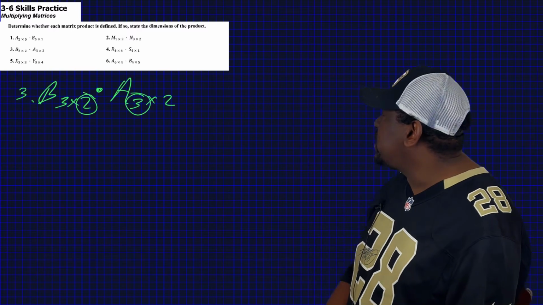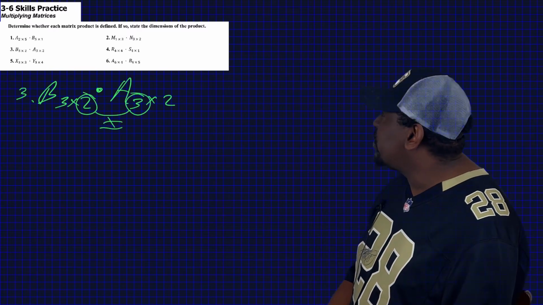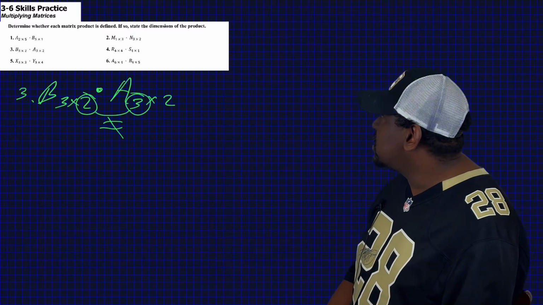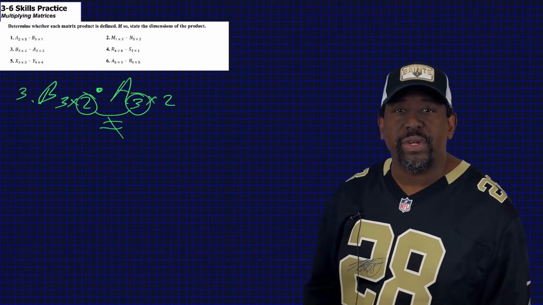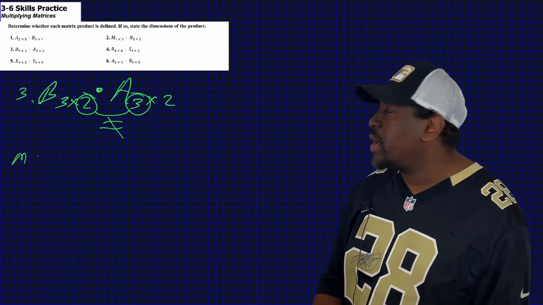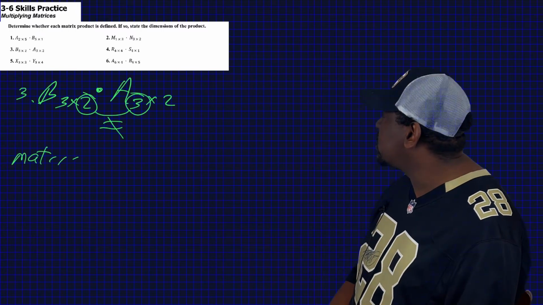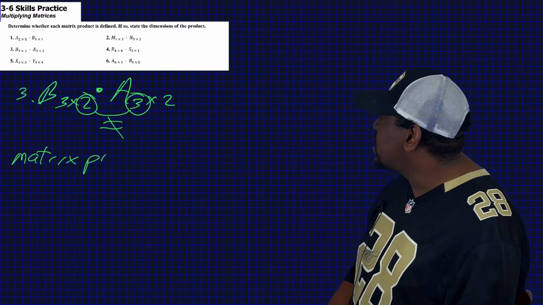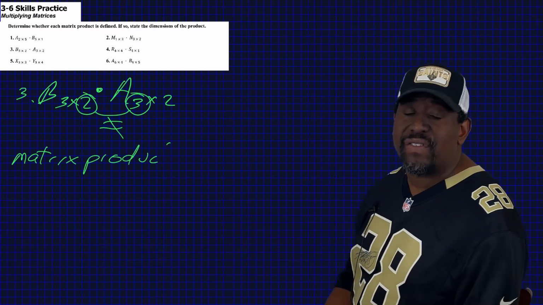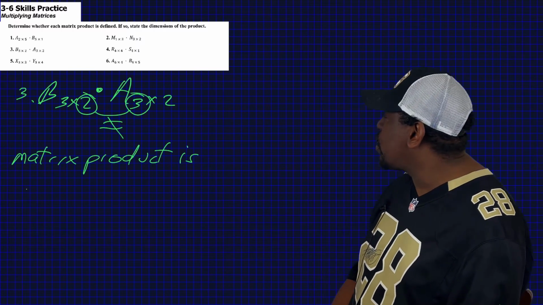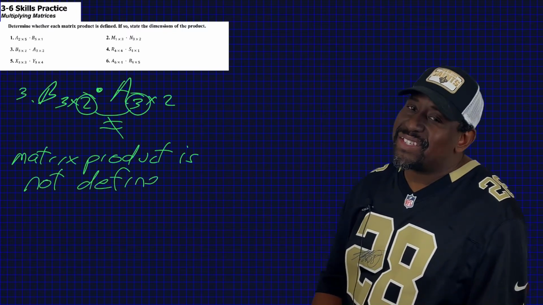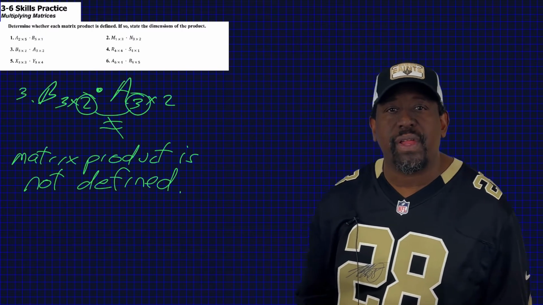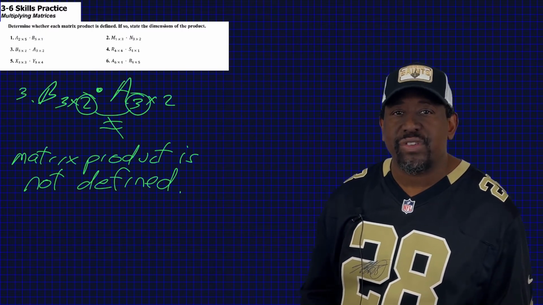When you look at these two inner terms, they're not equal, so that means the product is not defined. So we cannot multiply these two matrices. The product is not defined because the inner terms 2 and 3 are not equal.